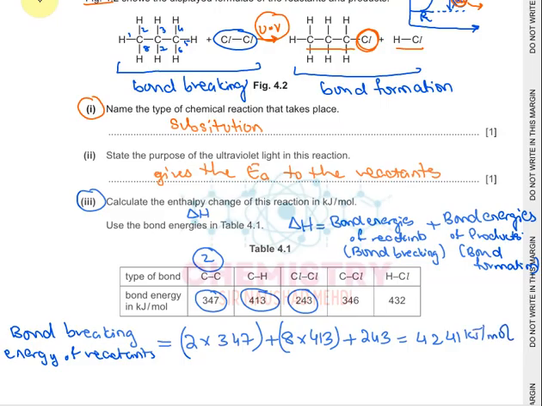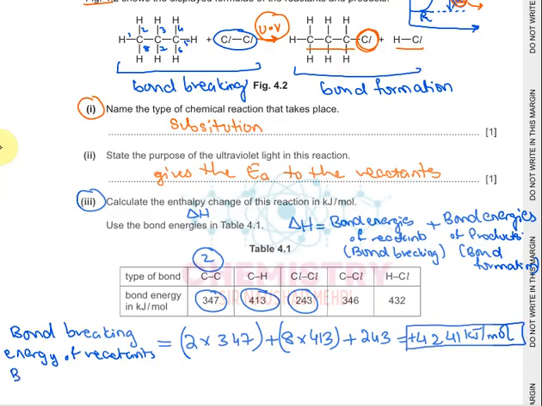Now this is the energy of bond breaking, and whenever you break a bond, bond breaking is endothermic because energy is absorbed to break the bond. So bond breaking is an endothermic process, right? So it is associated with a plus sign. So this is the energy of bond breaking.